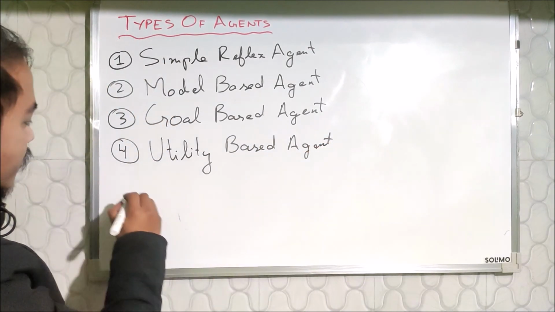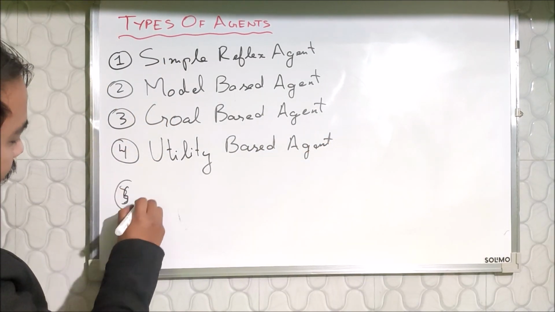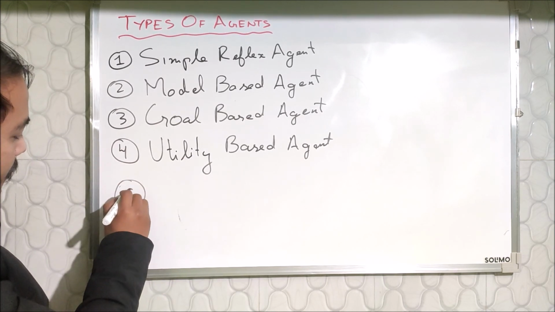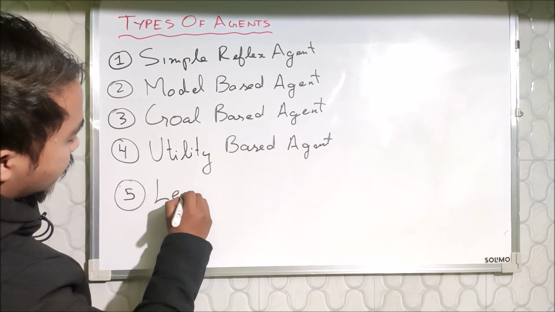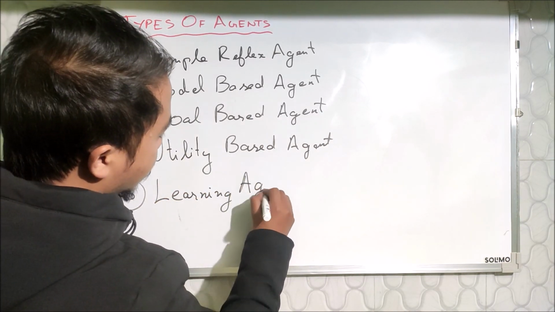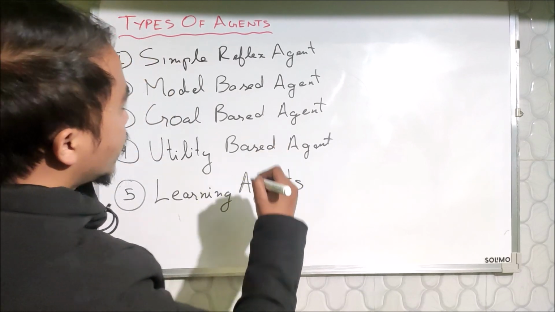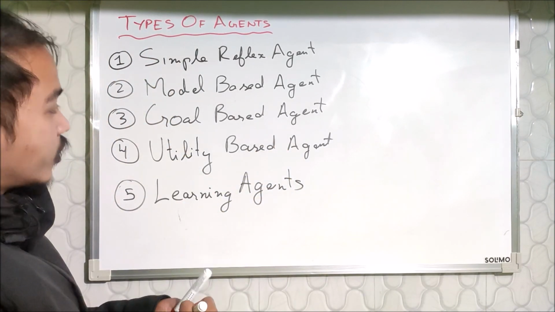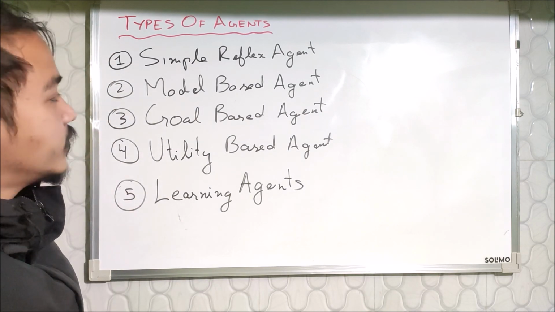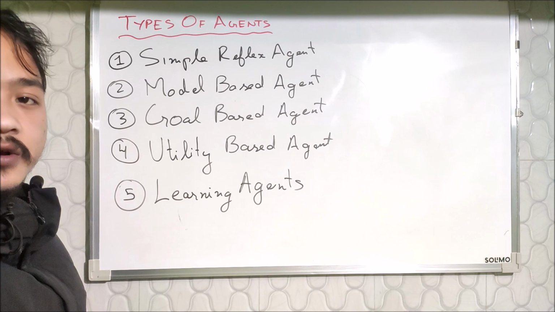And last but not least, number 5, you have the learning agents. We'll be discussing all of these agents in detail, one by one, in a later video.